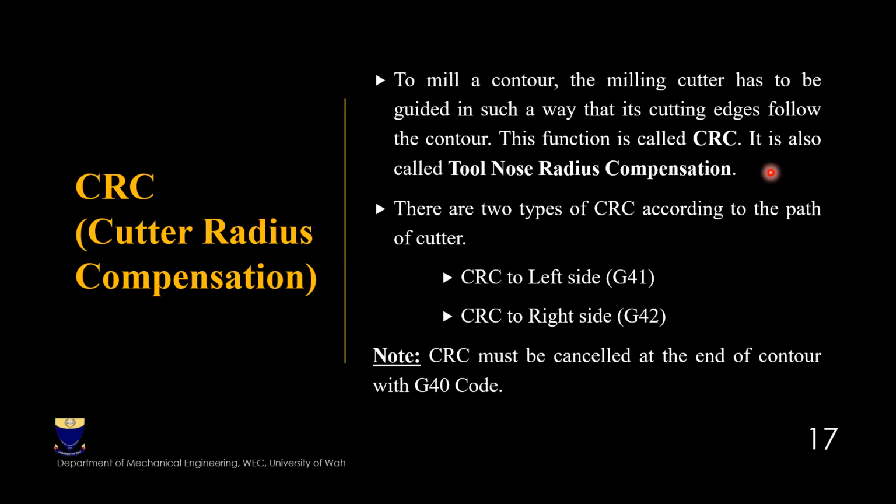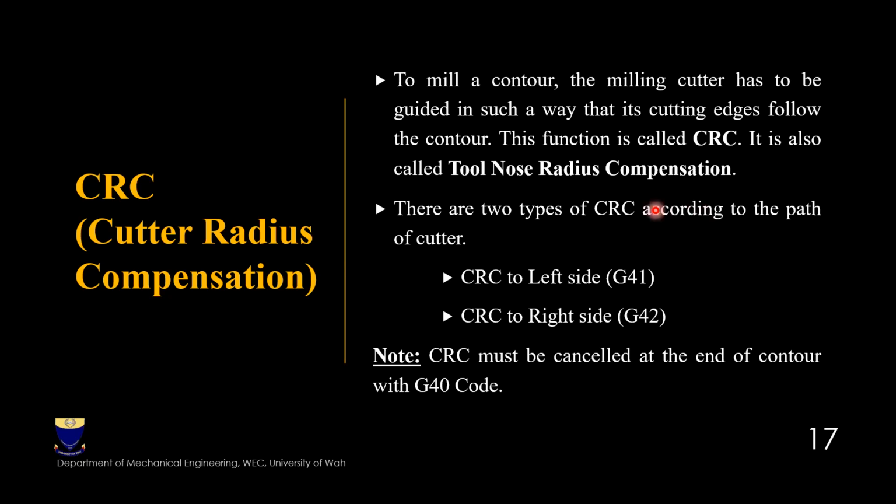If you neglect the CRC, or cutter radius compensation, the whole contour formed as a result of CNC milling would be 5 mm less than that of the actual part required. It can also be seen in the video attached in the upcoming slide.